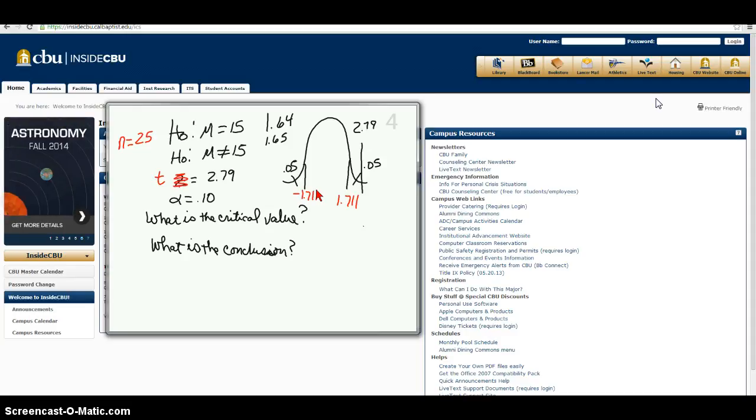I'm sorry, on the first one, before you changed the Z to T, the 1.64, 1.65, what did you do exactly, how did you know which one to use? Okay, so it was 1.645.